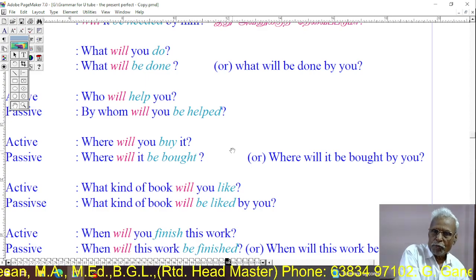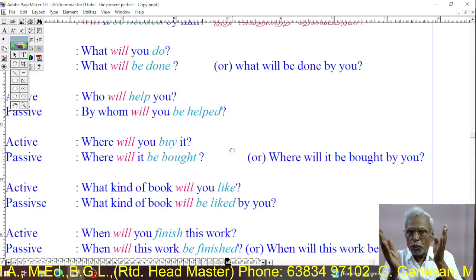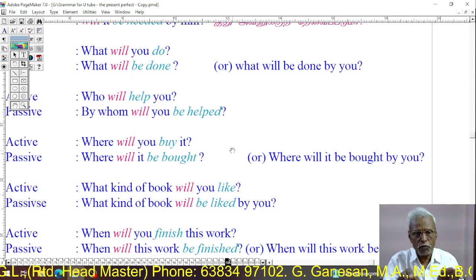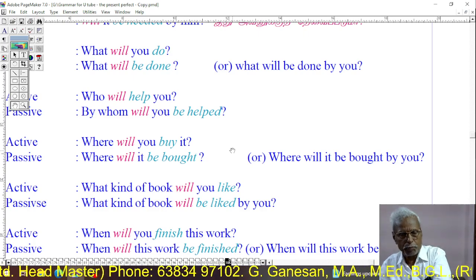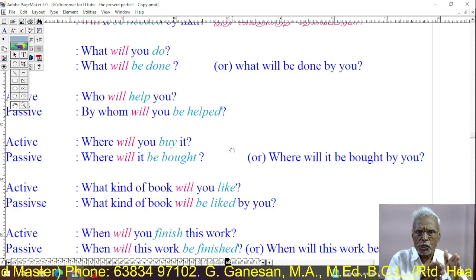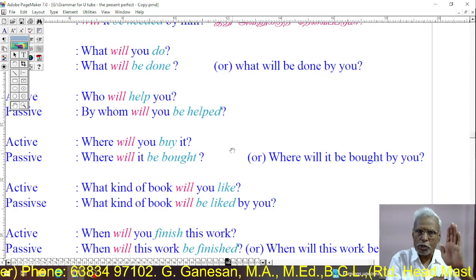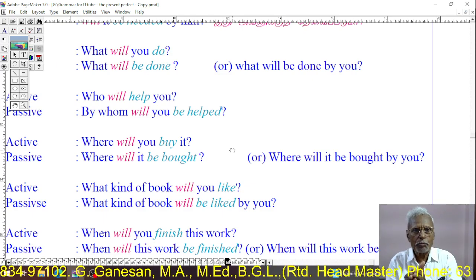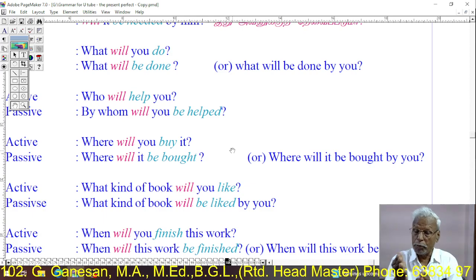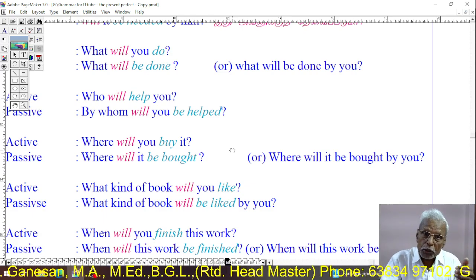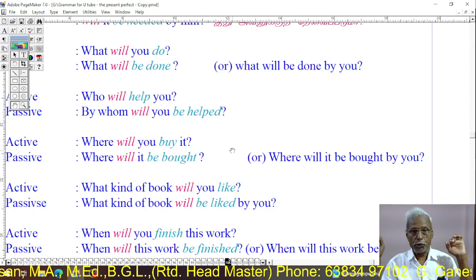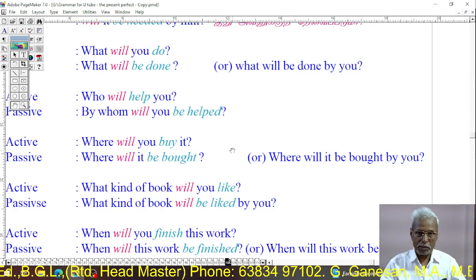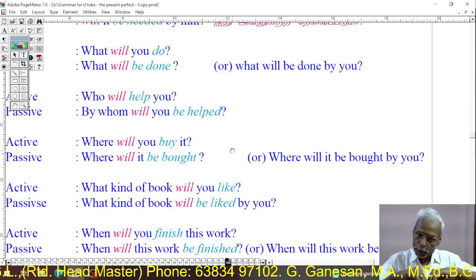Regarding simple future, there will be two verbs, shall or will plus the present verb. Shall or will should be used according to the subject of the passive form. Then the present verb should be converted into past participle, and before that be should be used: shall be tackled, will be taken, will be done.